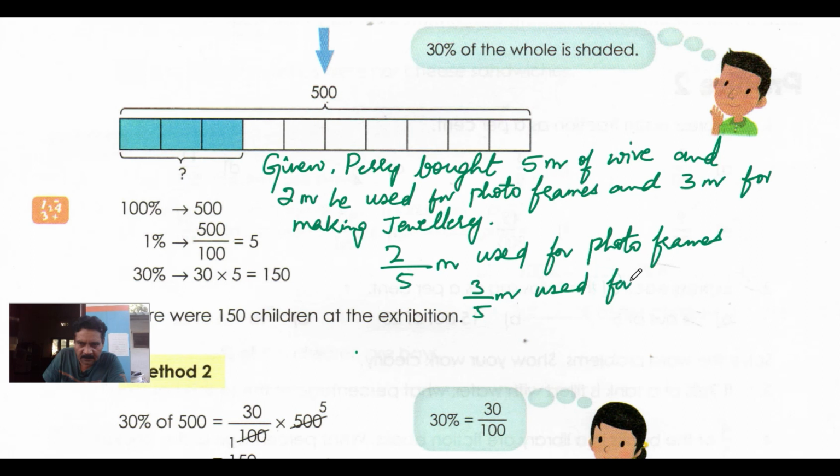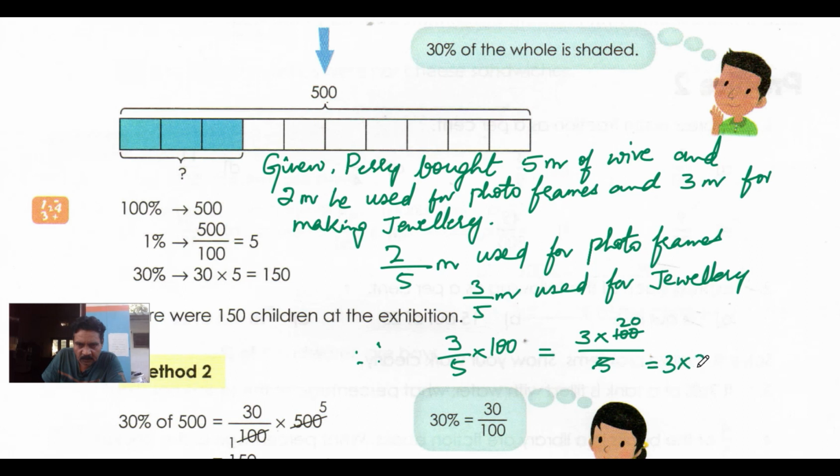used for jewelry. Therefore, 3 by 5 into 100 is equal to 3 into 100 by 5. 5 ones are 5, 5 20s are 100, so 3 into 20 is equal to 60%.